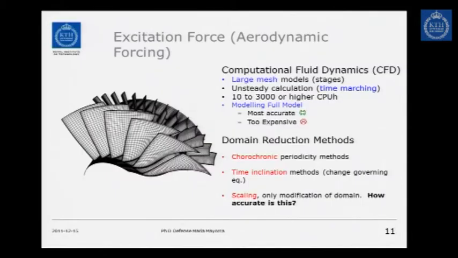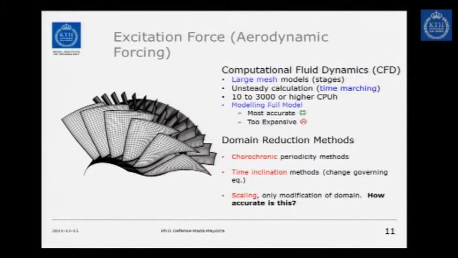There are other methods, such as the time inclination method, that allows you to change the governing equations and introduce a fourth dimension where, at the interfaces, the time is inclined. But I won't go too deep into this, I just want to show there are other methods. And then a third method is the scaling, where you do not model the complete full model, but you model a sector.